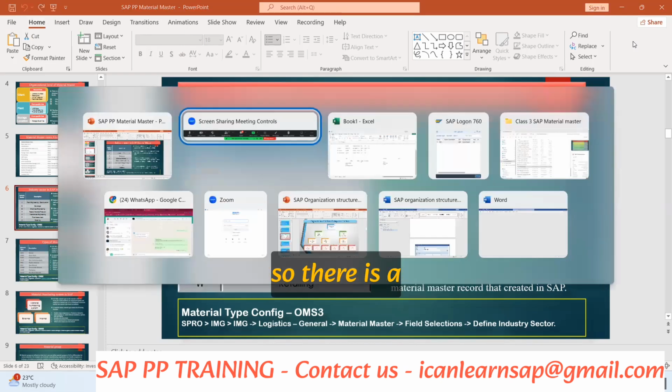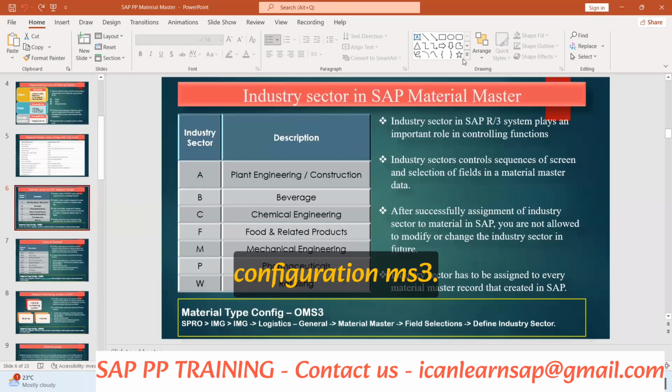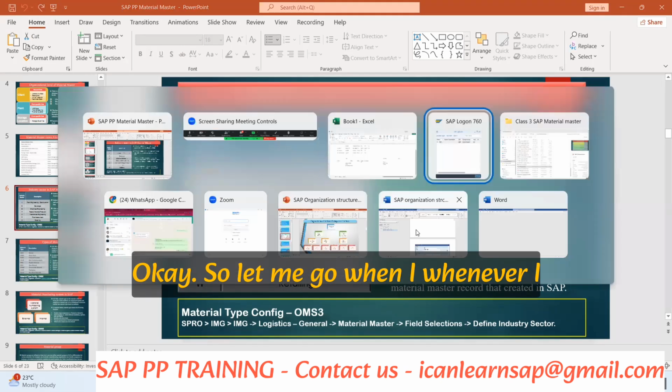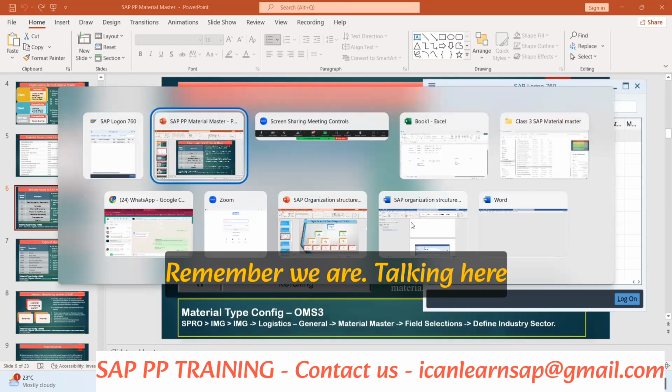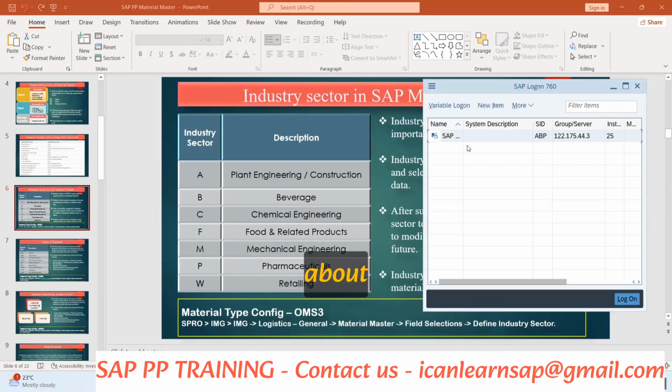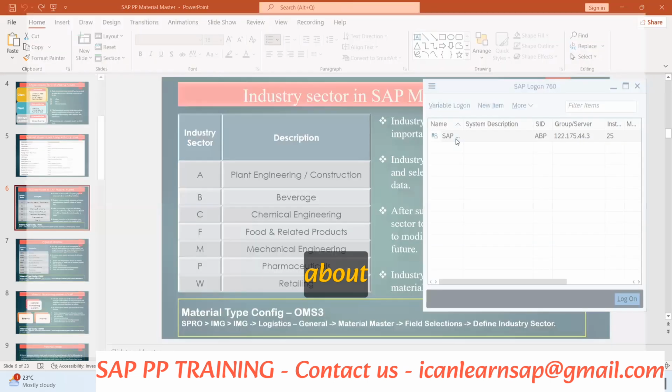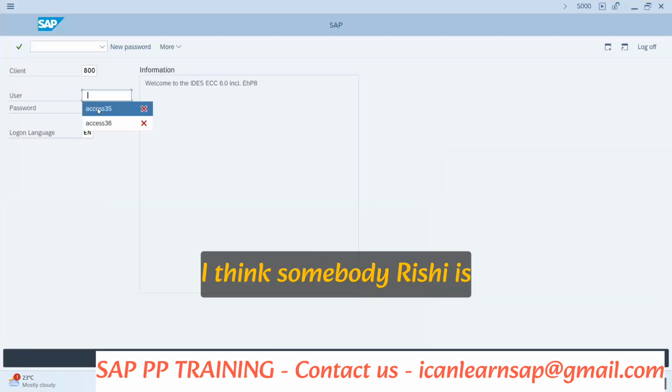Okay. So there is a configuration, OMS3. Whenever I say configuration, guys, remember we are talking about it. I think somebody, Rishi, is working.